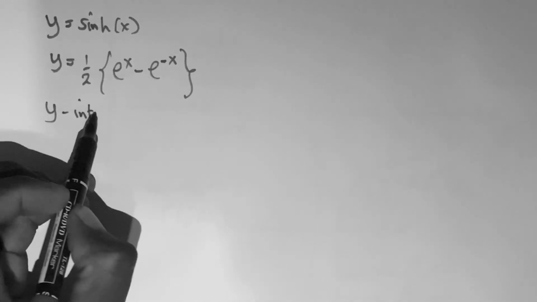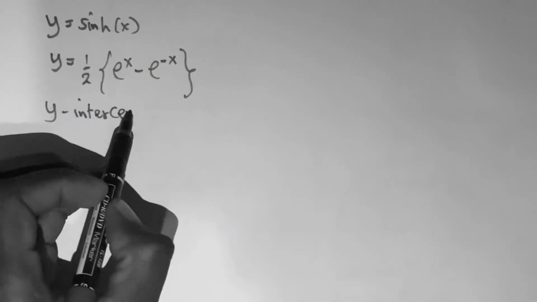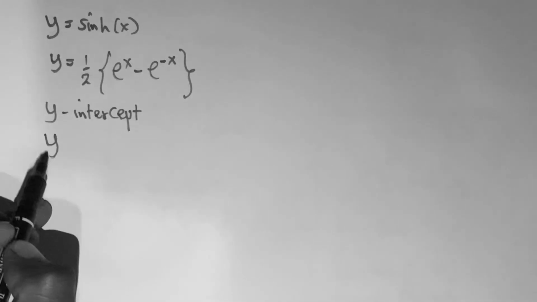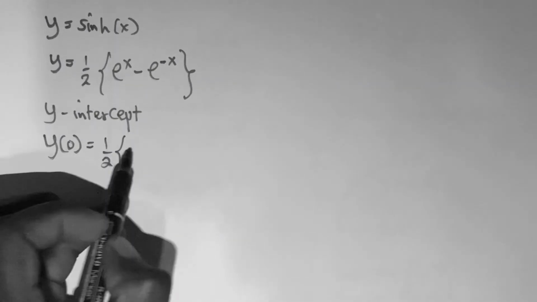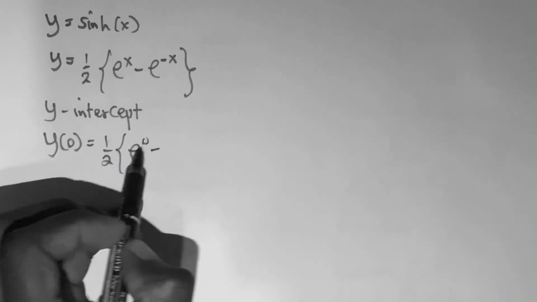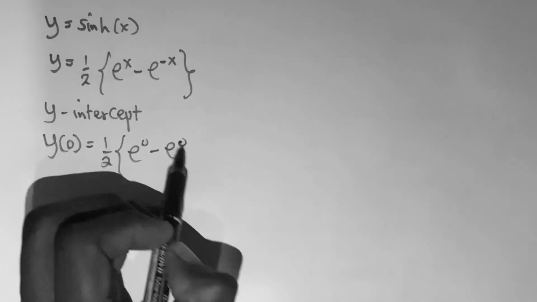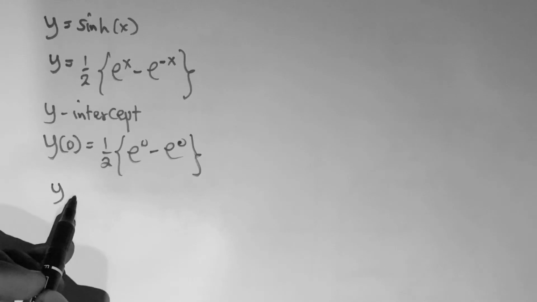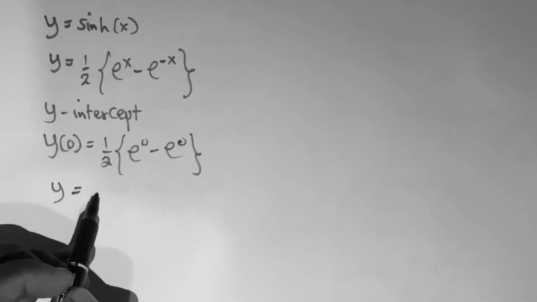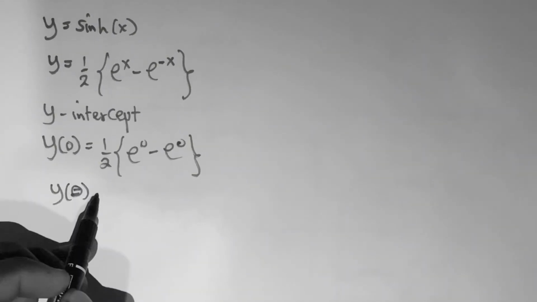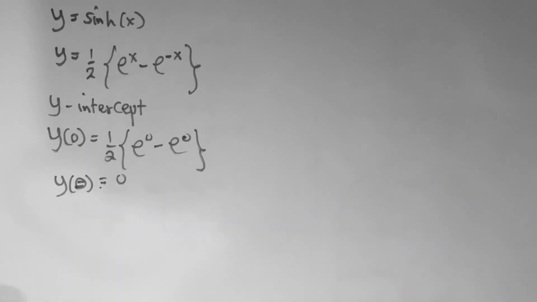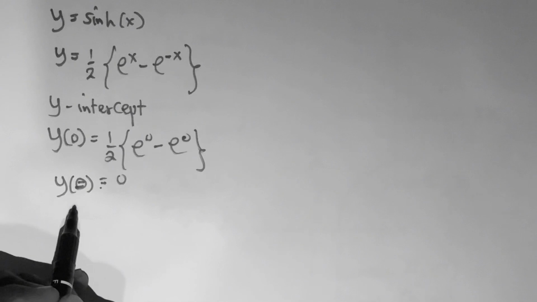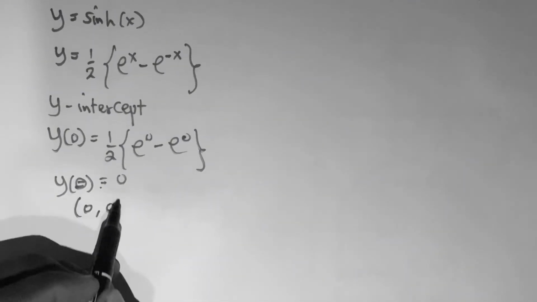For the y-intercept, we need to find y of 0, and that is equal to half, and then exponent 0 minus exponent 0. So y of 0 is equal to 0, and therefore we have a y-intercept at 0, 0.